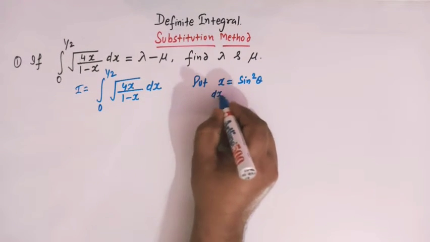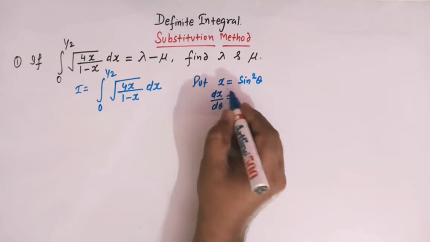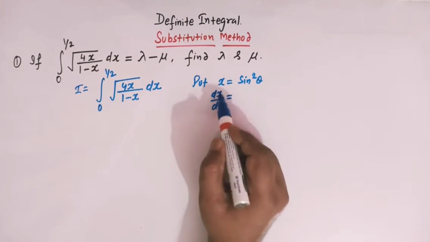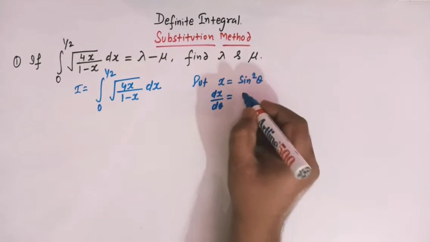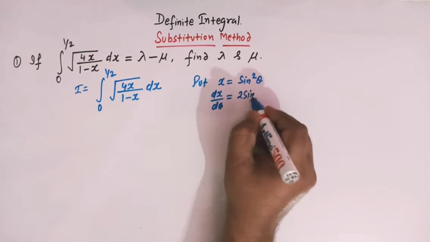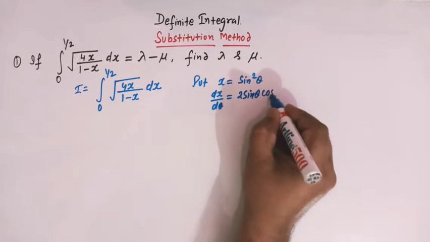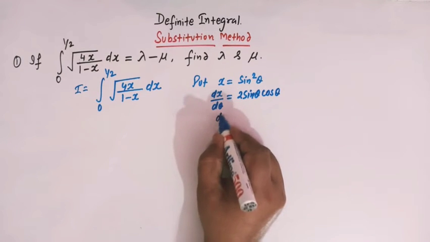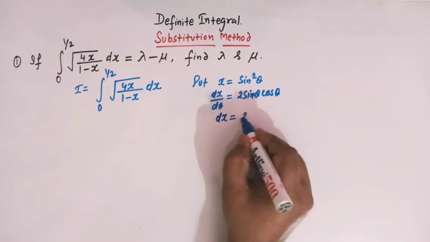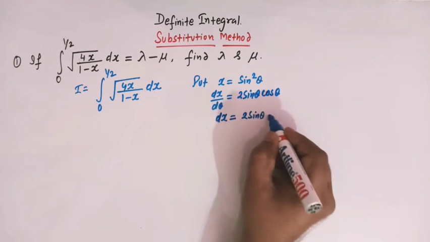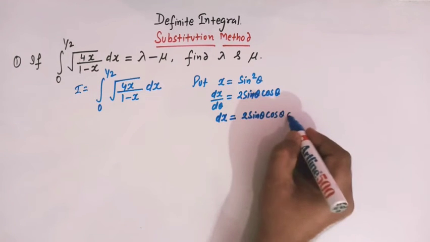Differentiating both sides, the derivative of x with respect to theta is 2 sine theta cos theta.